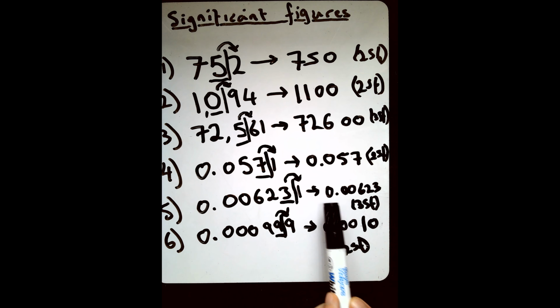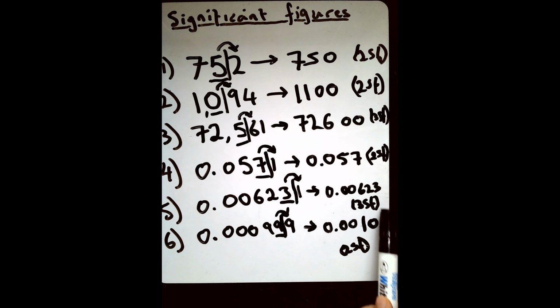Similarly, for number 5, I don't need to write the 0 after the 3 because it's not keeping that 6, 2, 3 in place. They will be in place regardless whether I write that 0 afterwards or not. Number 6 was only different because I wanted to have 2 significant figures obvious to whoever's marking it. I could have put more zeros after this. It's not going to change the value of the number, it's not going to affect the place that that 1 is in.